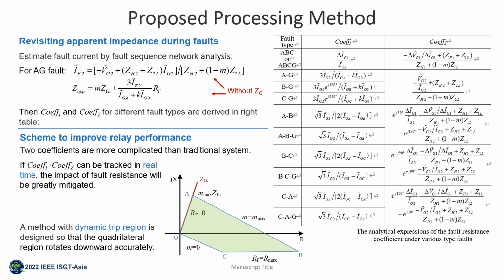If coefficient I and coefficient Z can be tracked in real time, the impact of fault resistance will be greatly mitigated. This provides a way to improve the relay performance. A method with a dynamic trip region is proposed, so that the quadrilateral region rotates downward accurately. I will describe this design in detail in the next slide.